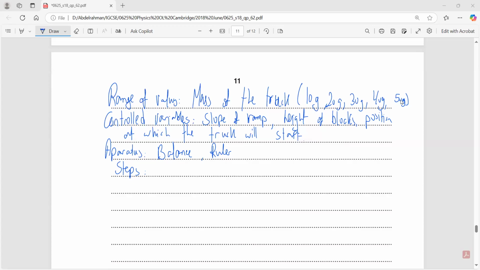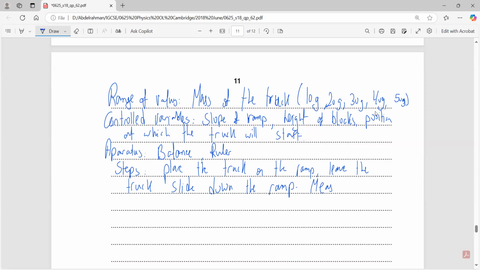Measure the distance traveled from the bottom of the ramp until it stops.